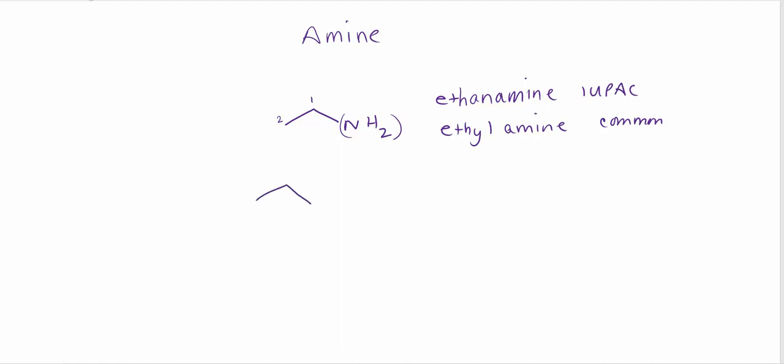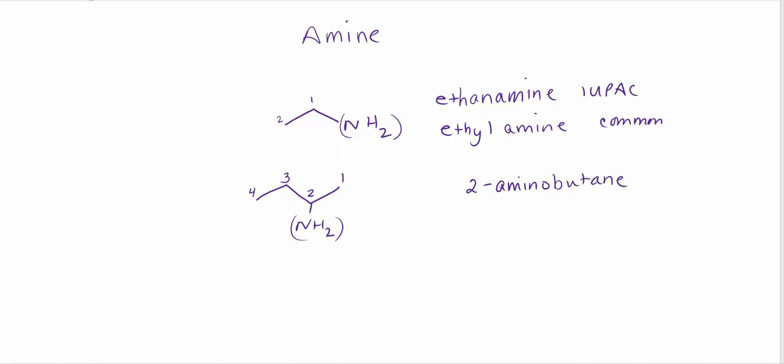So another example here, if we have something like this, the IUPAC name uses numbers. So we would number the longest carbon chain that contains the substituent. In this case, the functional group is the substituent. And this would be 2-aminobutane.